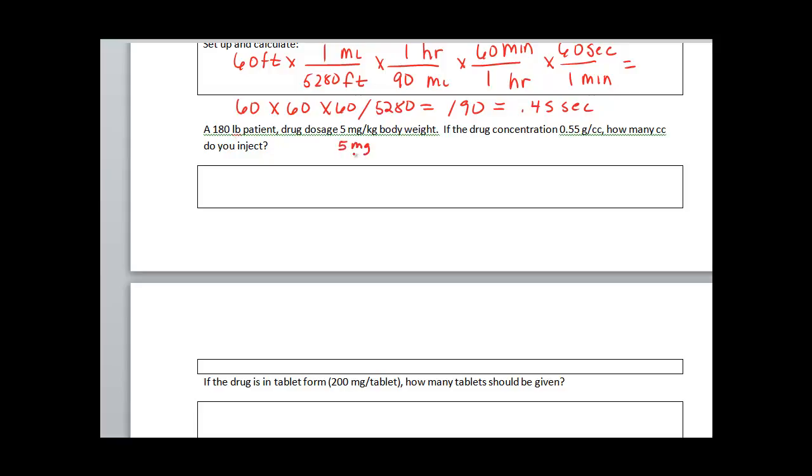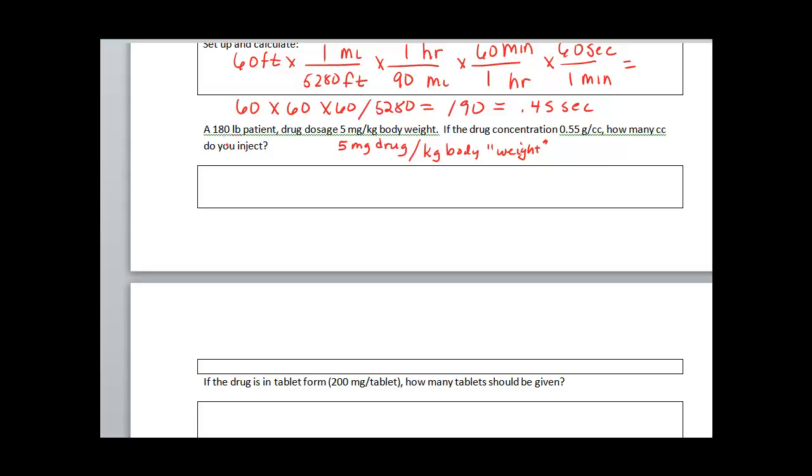This does not mean that 5 milligrams equals a kilogram, but you're going to give 5 milligrams of drug for every kilogram of body weight. And this is where the term weight is used incorrectly. And the drug concentration is 0.55 grams per cc. You want to know how many cc's to inject.